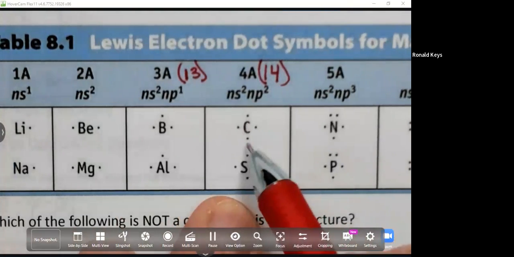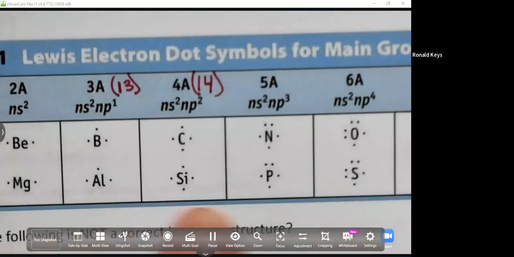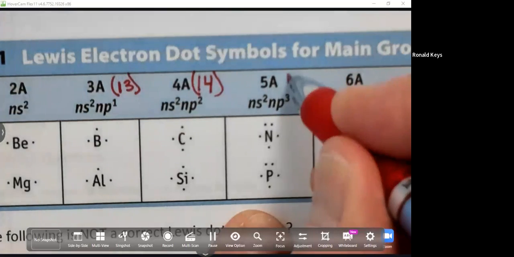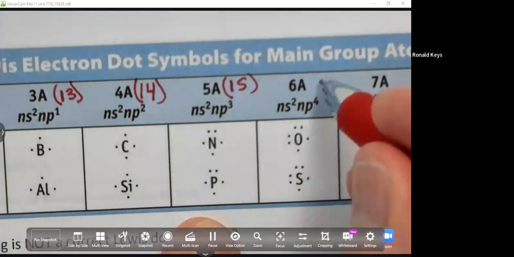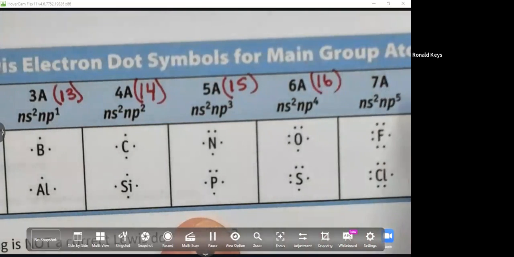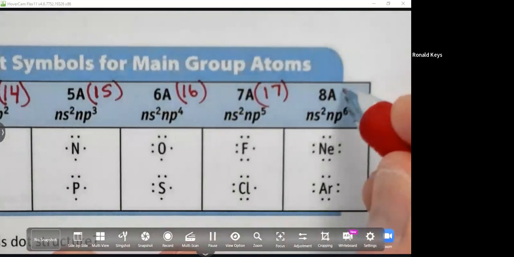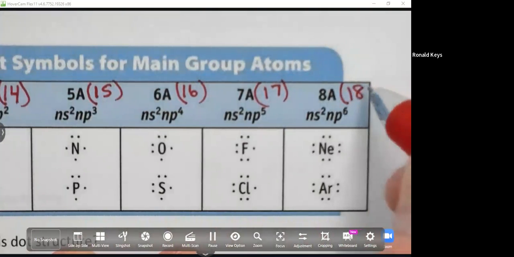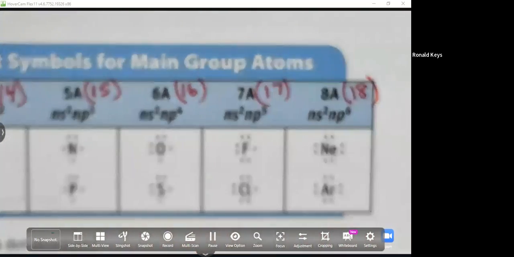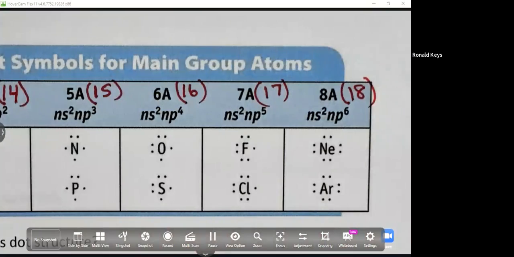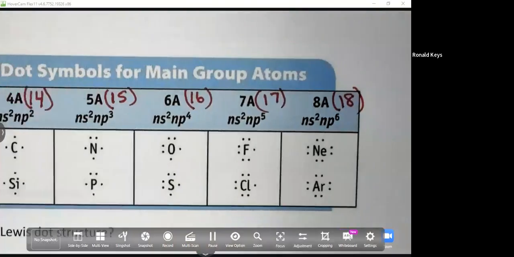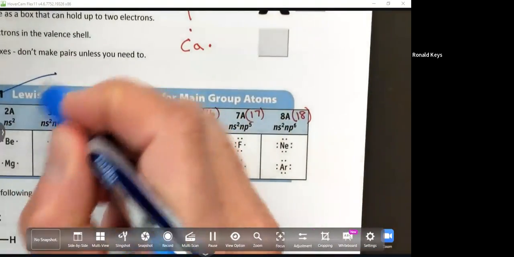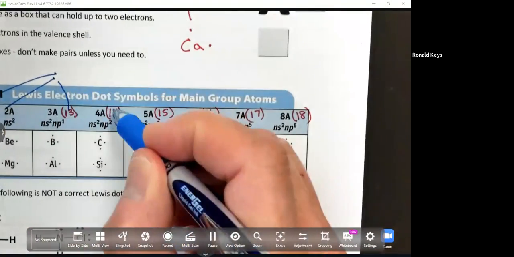So 1 left, right, up, down. Group 15, now we start pairing them up. Group 16, group 17 has 7, and then finally we get to group 18. Again, these are valence electrons, these are the ones for us, right?